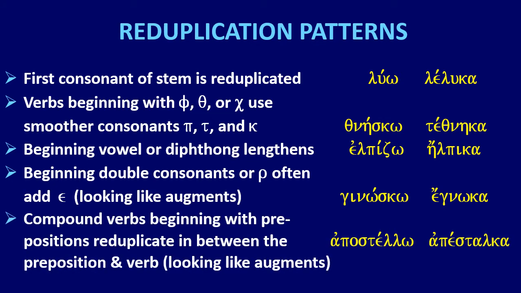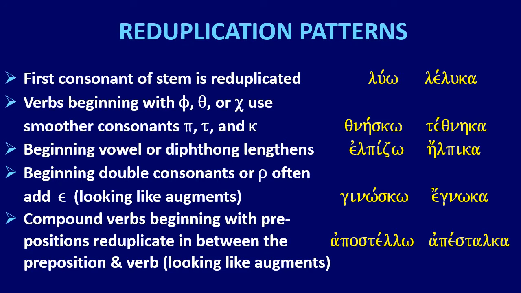And then there are also instances where you have a compound verb that's made up of a preposition that prefixes the verb, in this case apostello, I send away is the idea, similar to the noun for apostle, a sent one who is sent away. But here you have the prefix, the preposition apo, and then you've got stello.